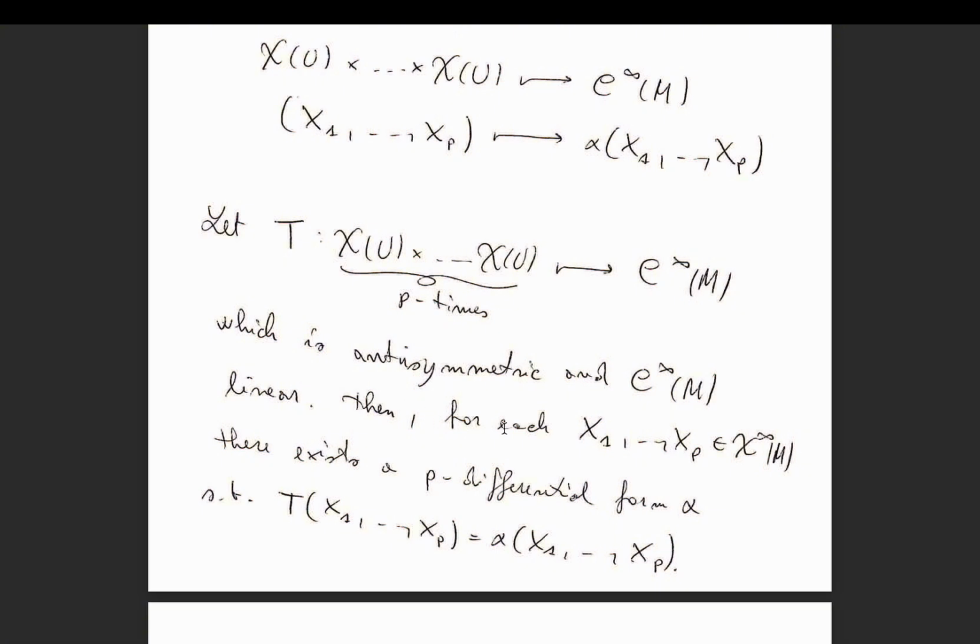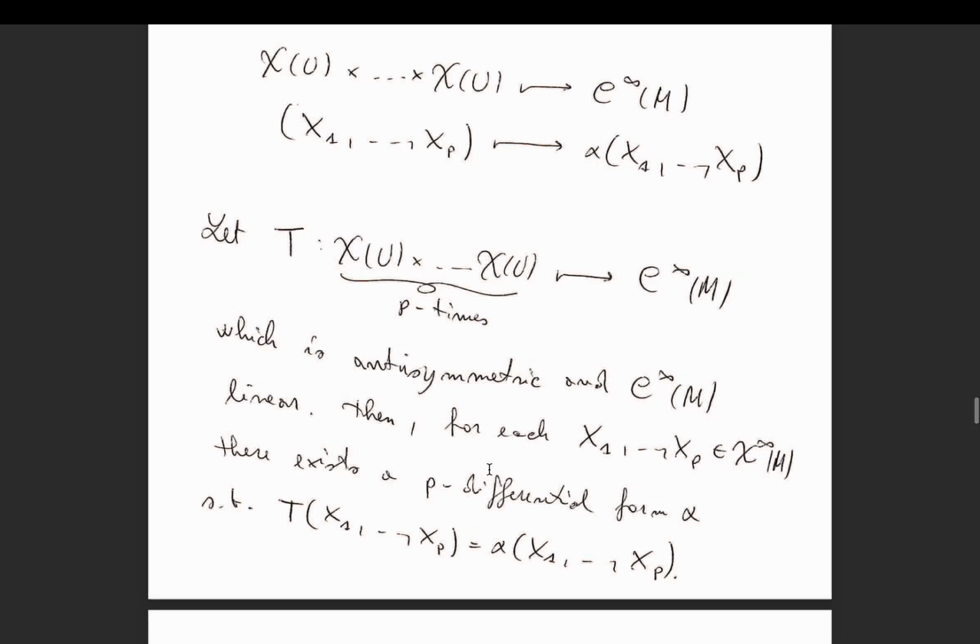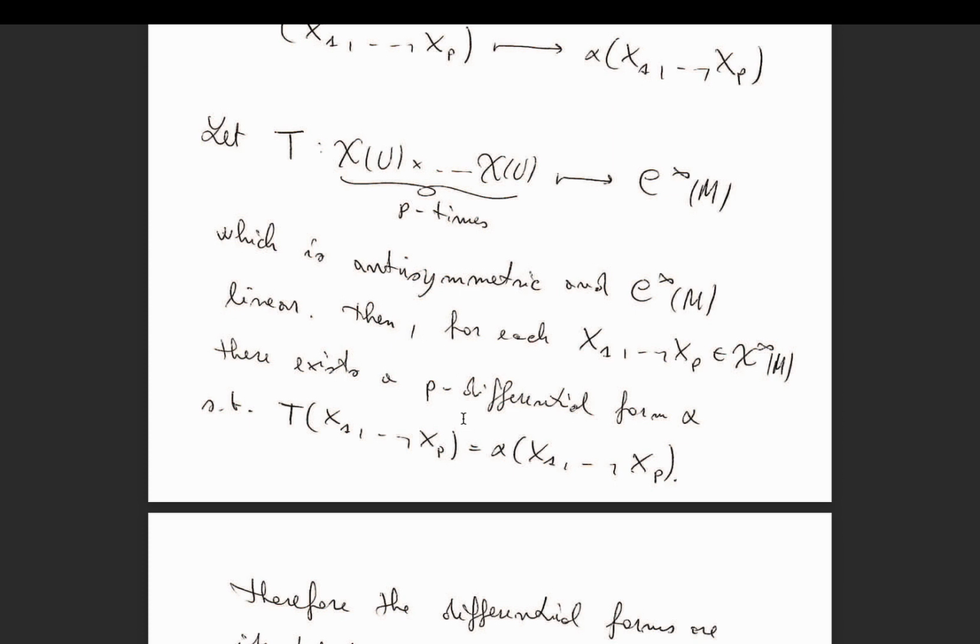Then there exists a p-form, differential form alpha, such that T(X1, ..., Xp) is equal to alpha(X1, ..., Xp) for each X1, ..., Xp belonging to the set of smooth vector fields defined over M.